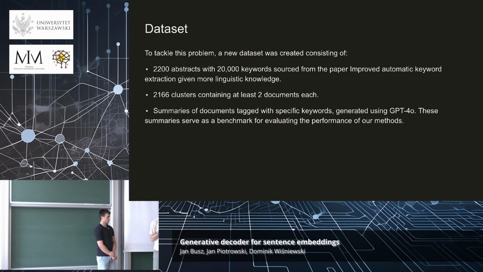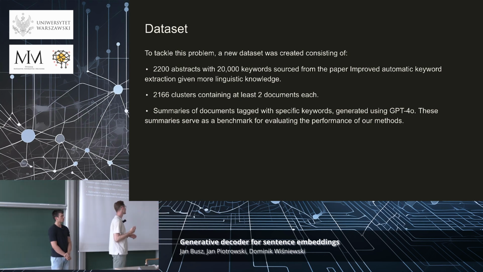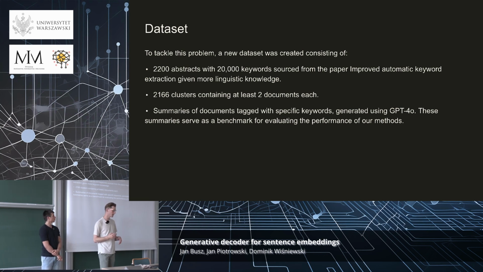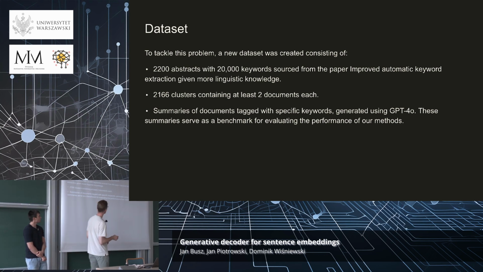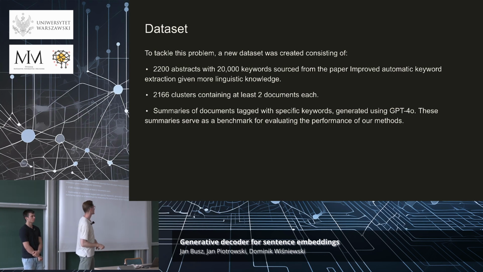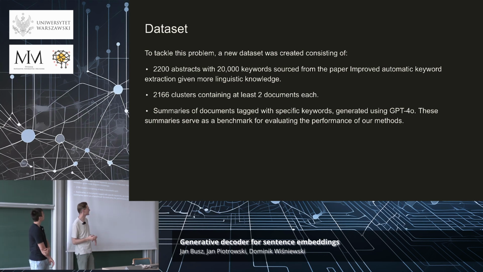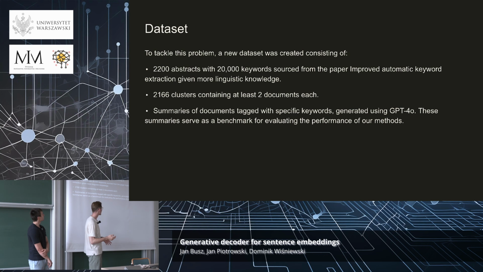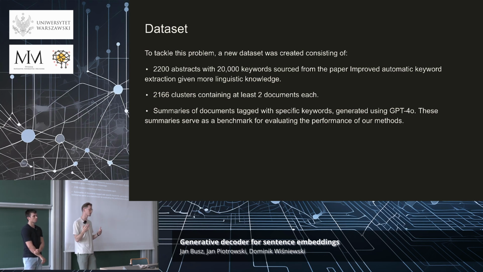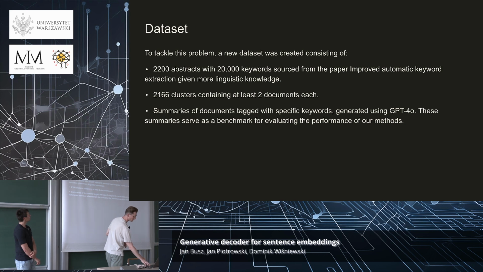So, how did we solve this problem? In the beginning, QA didn't want us to use their data, so we had to generate a dataset ourselves. We took a dataset of scientific papers that are grouped with keywords, we created clusters from those keywords, and we generated summaries for them with GPT-4o mini.